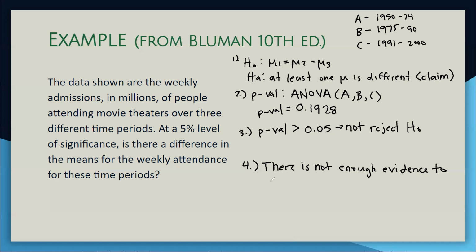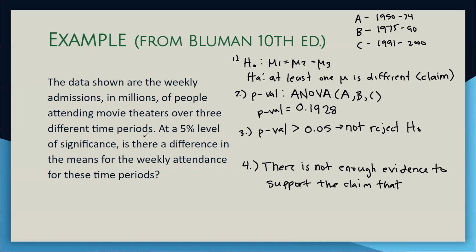There is not enough evidence to support the claim. And then we summarize the claim from the word problem. There is not enough evidence to support the claim that there is a difference in the means for the weekly attendance for these time periods.